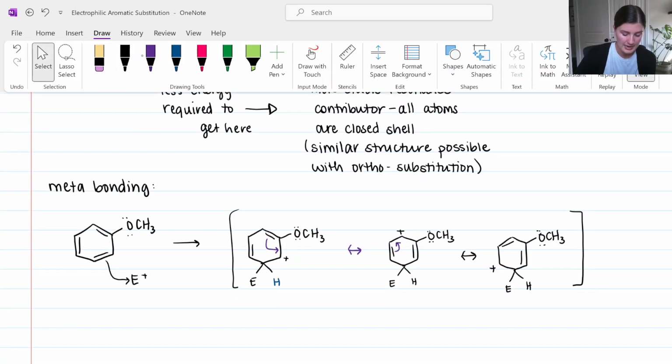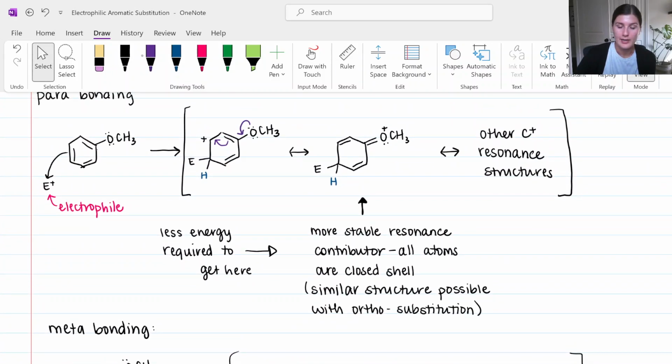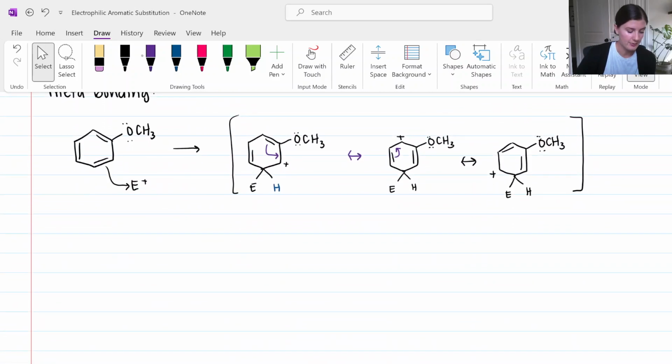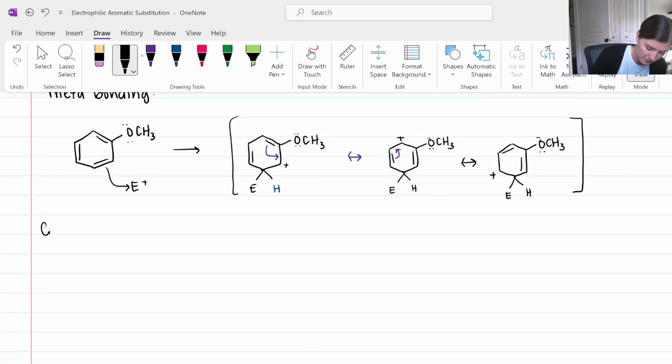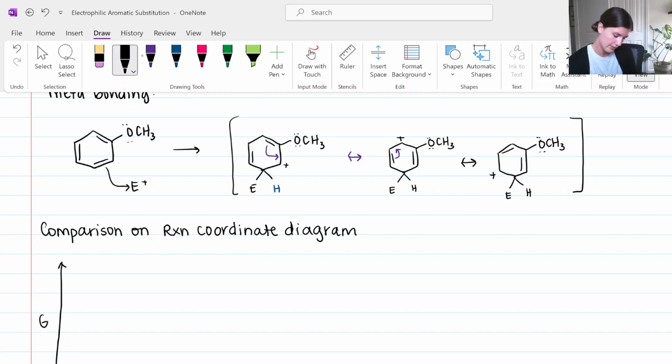And let's just quickly look at these two possible locations of bonding on a reaction coordinate diagram. Remember, the y-axis for a reaction coordinate diagram is energy, Gibbs free energy.